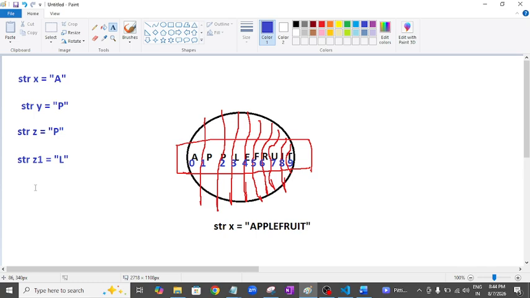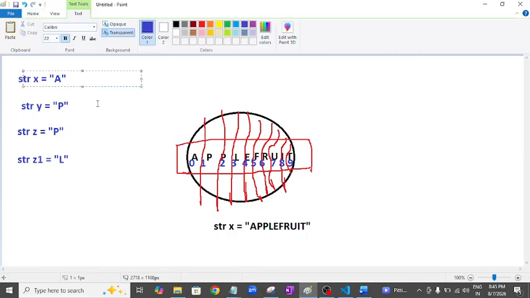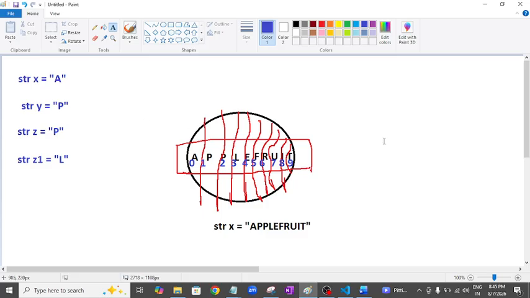So what I was explaining is, can't we say each part will be data type string only. Okay, let's understand.